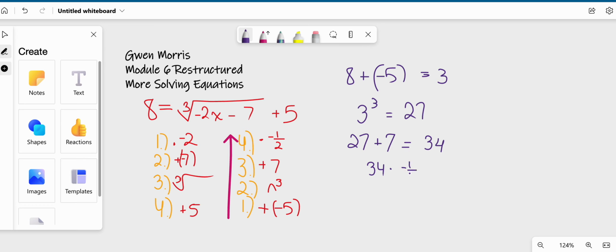I'm really trying to focus on my terminology, my signs, and my operations here. I'm going to get negative 17. So now I'm saying x equals negative 17.